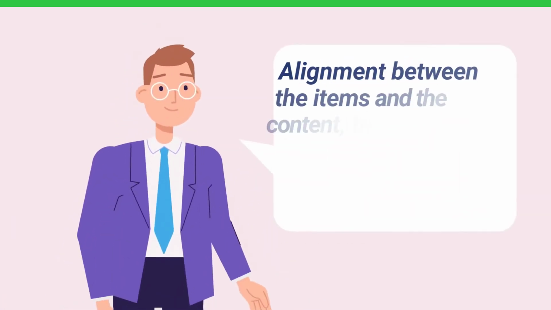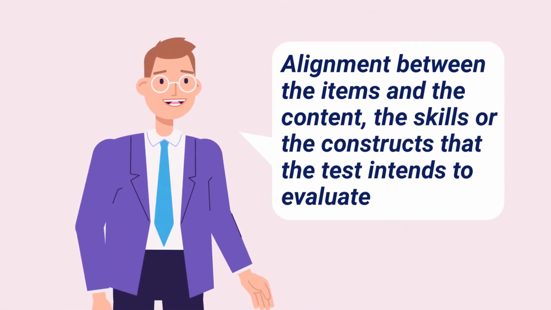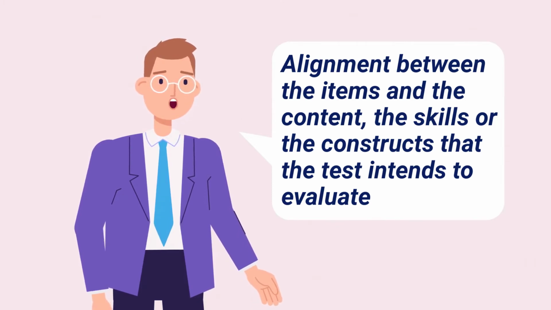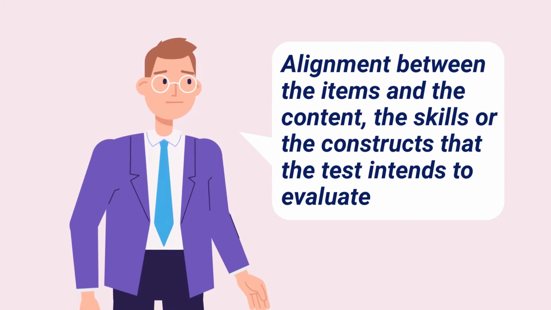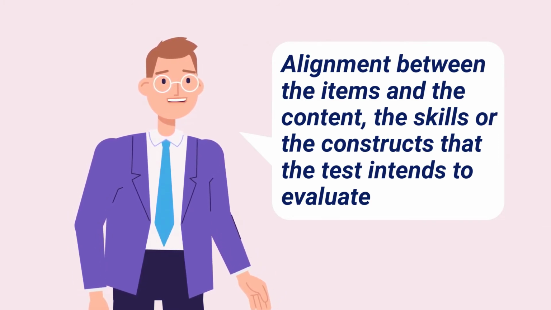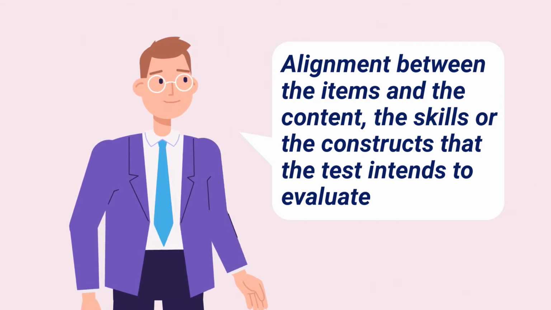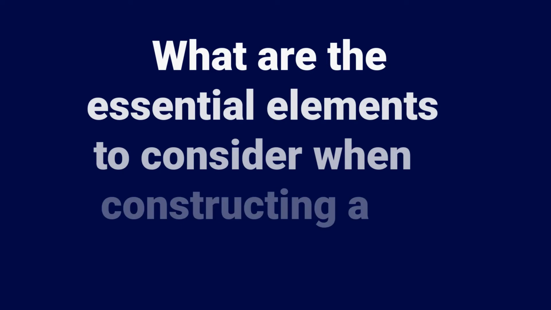So, in sum, this tool ensures an alignment between the items and the content, the skills, or the constructs that the test intends to evaluate, ensuring that the test or the assessment measures what it intends to measure, which is the validity principle.